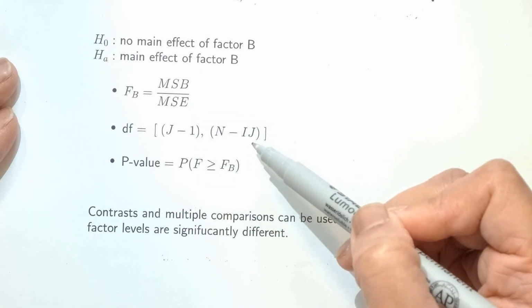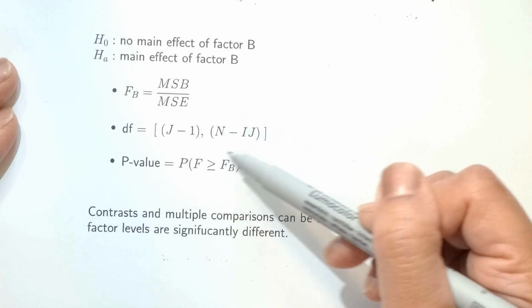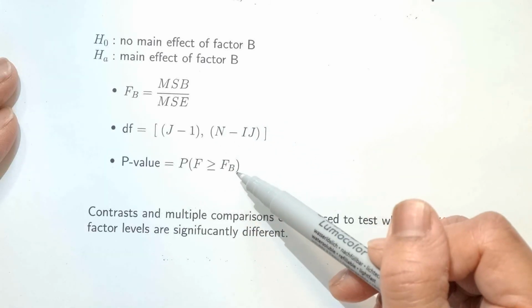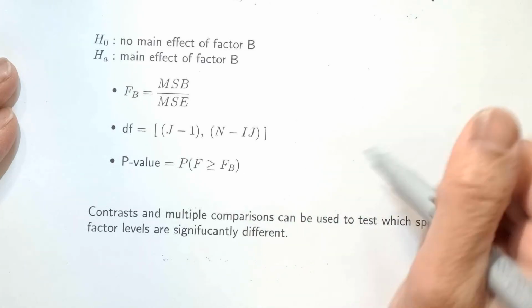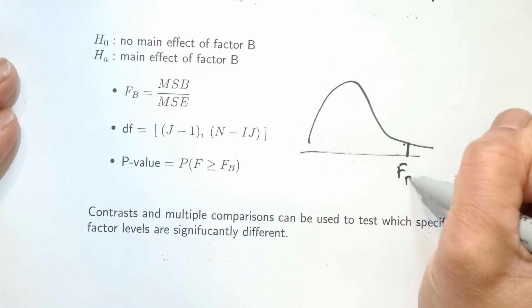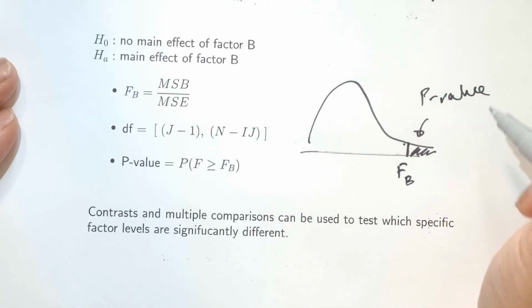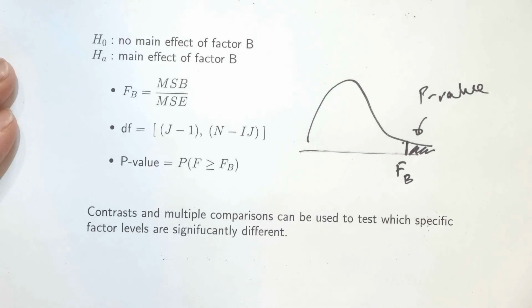Mean square error has capital N minus IJ, so that is what our degrees of freedom are here, and then the p-value is the upper tail area here, F sub B, and that's the p-value. And this is where we'll have to use that table E.